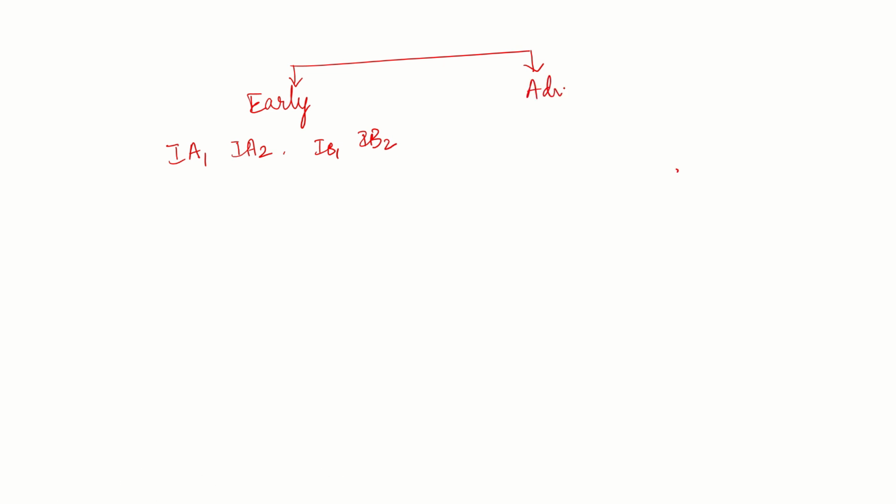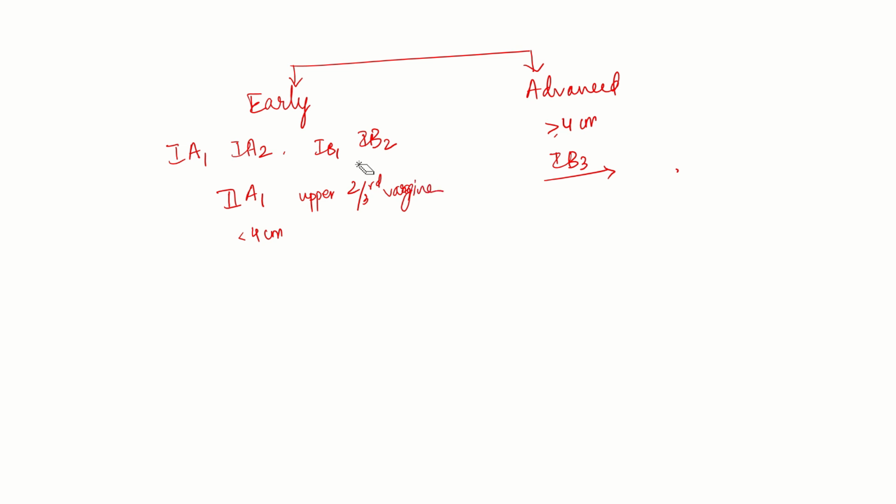Whereas in advanced, any tumor of size more than 4 centimeters, that is 1B3. Anything more than 1B3 is advanced, with the only exception being stage 2A1, because here again the size is less than 4 centimeters and it is involving only the upper two-thirds of the vagina. Upper two-thirds of vagina involvement is usually resectable.